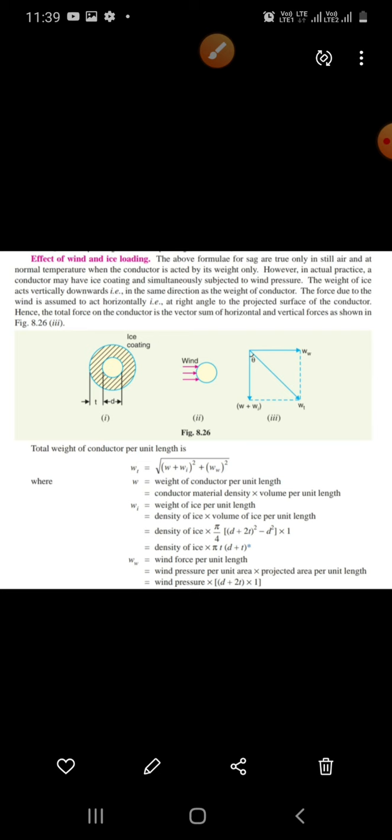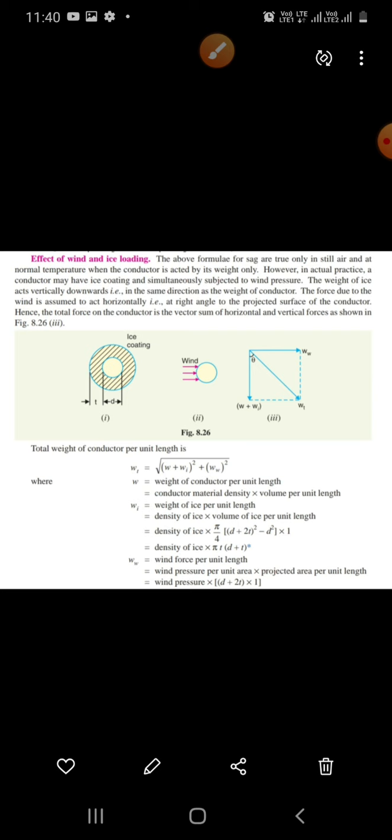The wind is assumed to act horizontally, at right angle to the projected surface of the conductor. Hence, the total force on the conductor is the vector sum of horizontal and vertical forces, as shown in the figure.